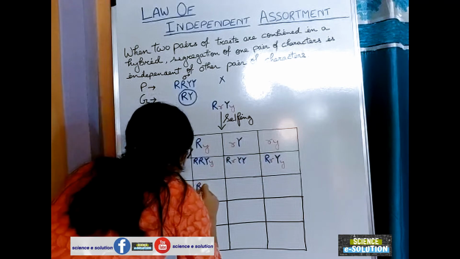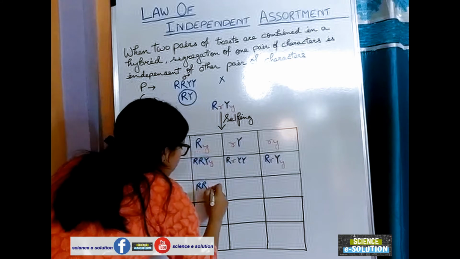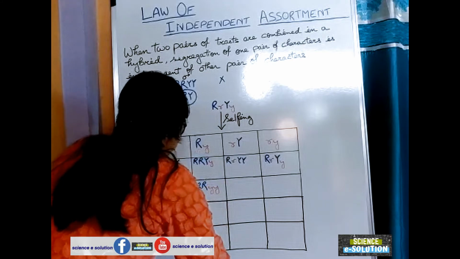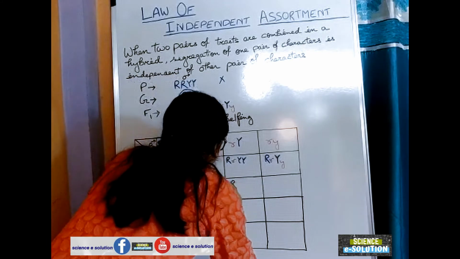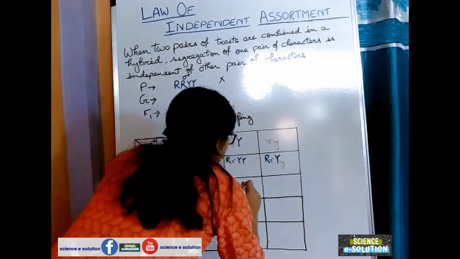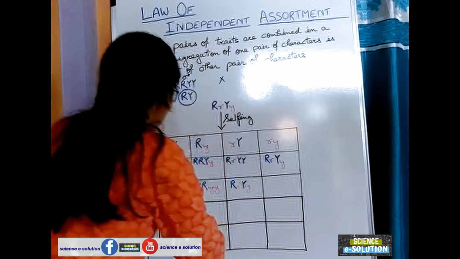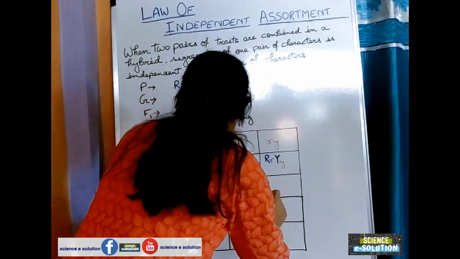Capital R, capital R, small y, small y. Now, capital R, small r, capital Y, small y. You make this very carefully because it will show what type of progenies it will be.